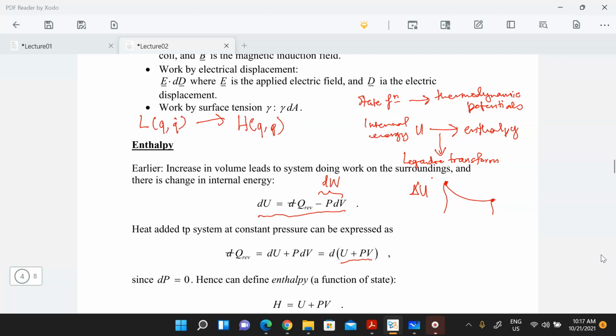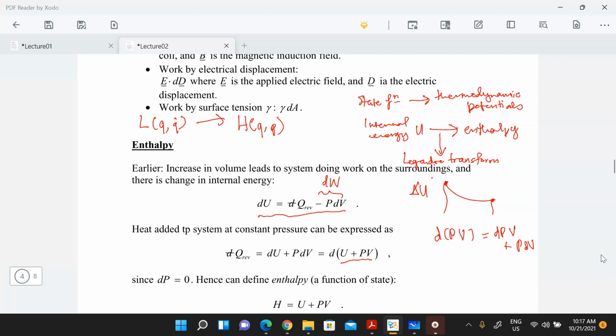Why can you do that? Well, if you take the differential of PV, I get first dP times V plus P times dV. But P being constant, dP will be equal to 0.